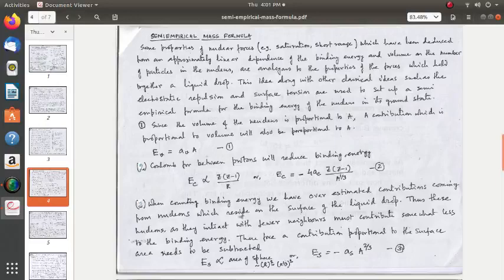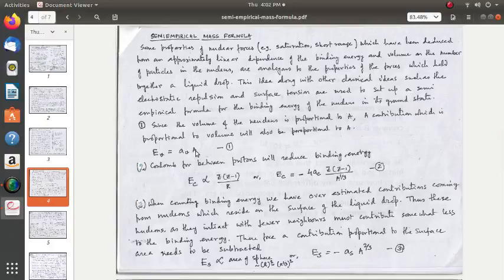When counting binding energy, we have the volume energy. But we have overestimated contributions coming from nucleons which reside on the surface of the liquid, because on the surface there are nucleons which are not interacting on all sides; they are interacting only with nucleons which reside inside.